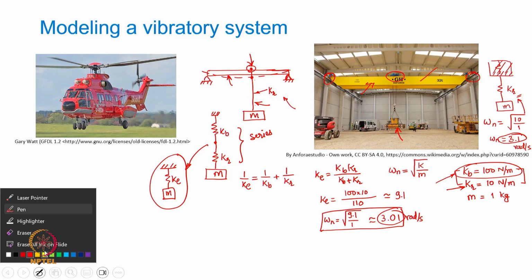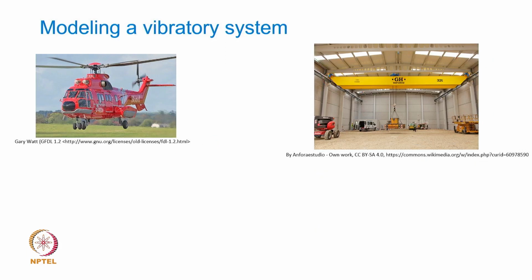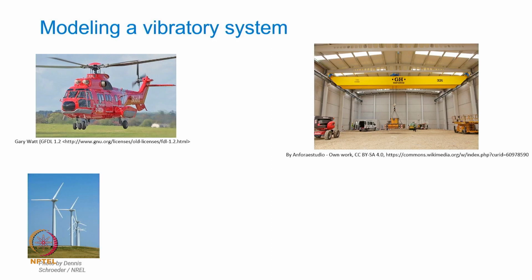Okay, the final example that we may consider here is that of a wind turbine system that we earlier talked about. Now, again, if I want to model this as a simple single degree of freedom system, supposing that this is a vertical longitudinal vibration problem, this column would again be modeled like a spring, is it not.